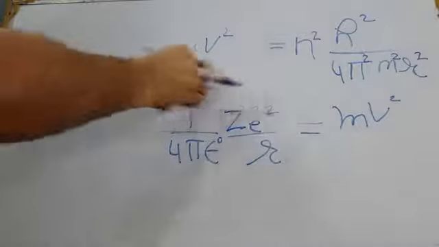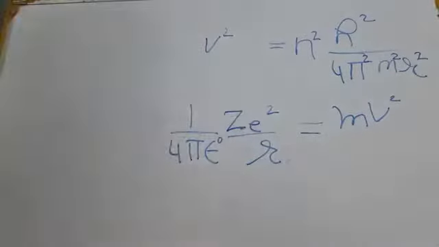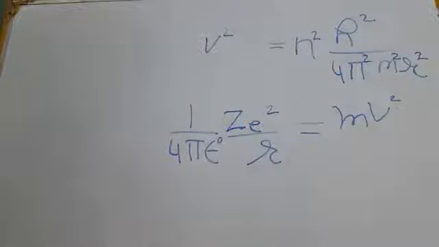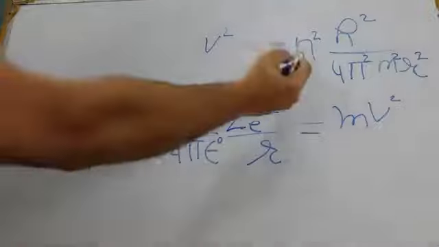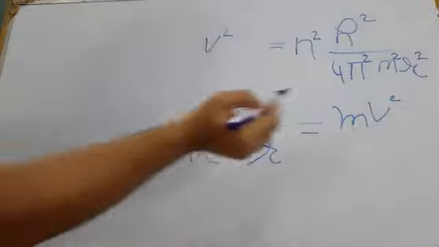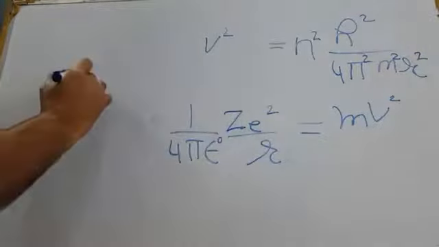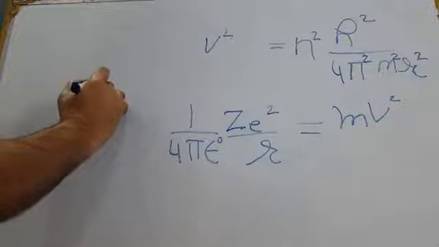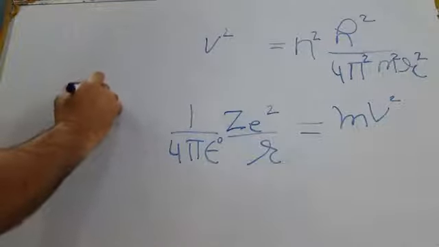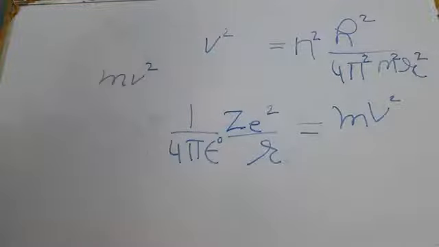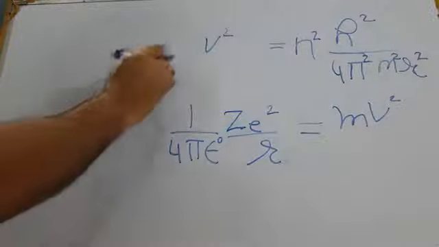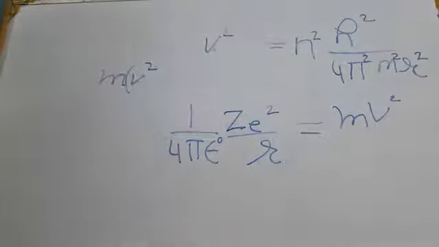Let us put this value here. Then this equation comes out to be m v square. Here I am putting the value of m v square, and this value is to be put.